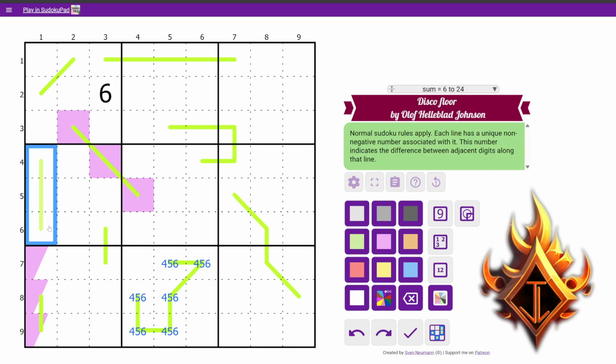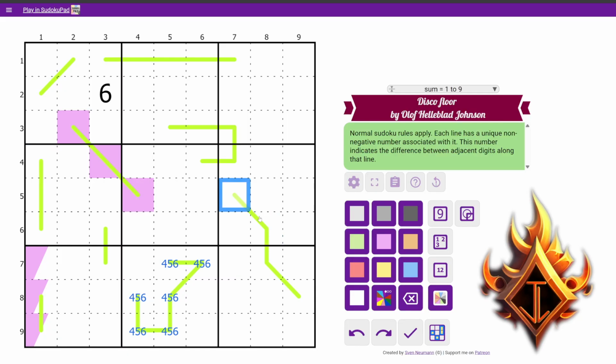So 4 could be a 3. 5 could not though. 8, 7, 6, and 5 are going to be quite difficult.